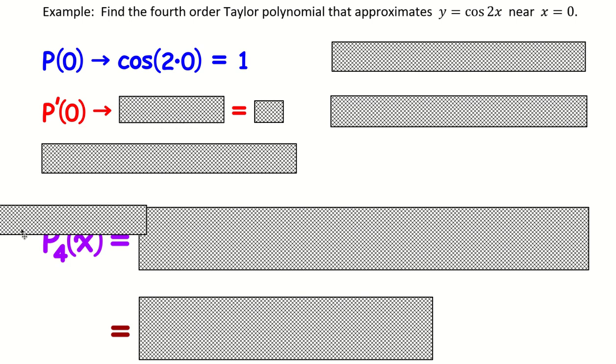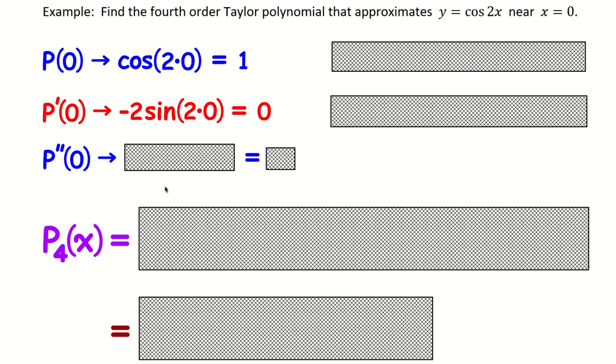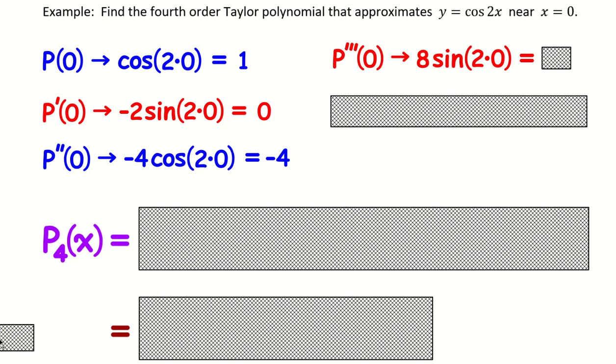All right, and then we're going to take the derivative. Ooh, look, we've got a chain rule out here. And then we take the second derivative. Okay, and the third derivative.